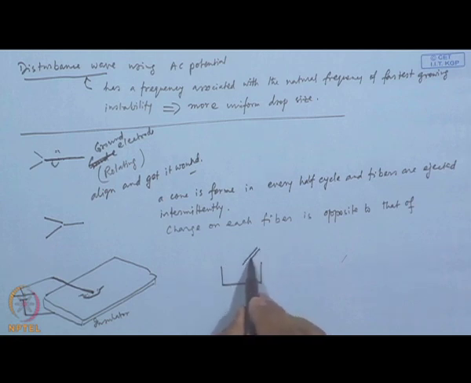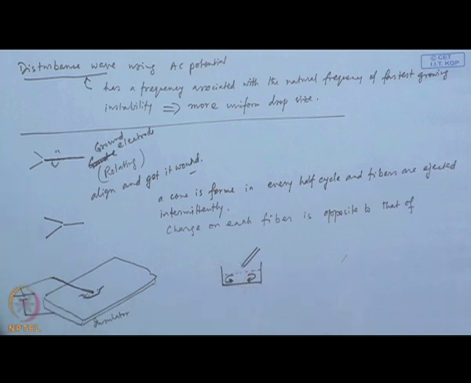In that case, if this is the electrode and this is the liquid level, one will find that there would be vortices generating like this.